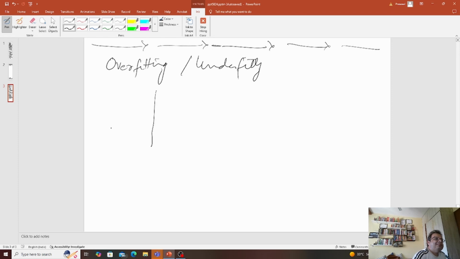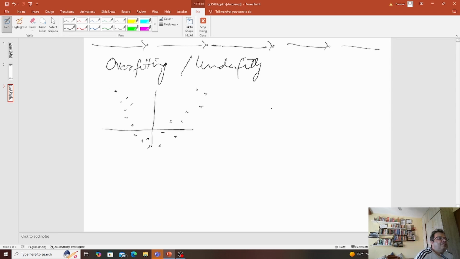So let's assume this is your x, and there are two variables, x and y. These are your points, and now you want to find an equation that goes through them.